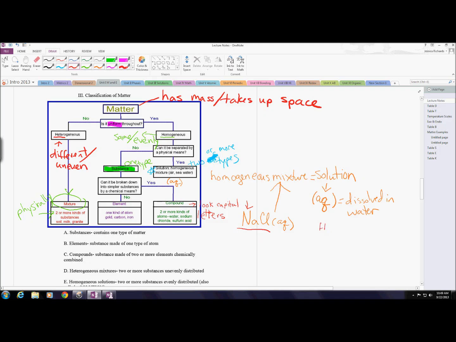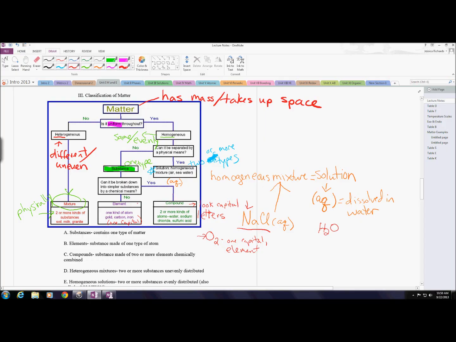Water, H2O, 1, 2 capital letters, compound. Okay? If there's only one capital letter, then it's going to be an element. So even if you see a subscript, when they write oxygen, they're going to write O2, 1 capital letter. This one is an element.